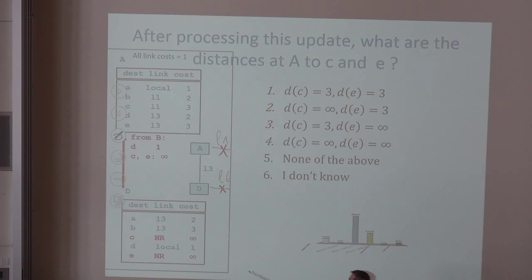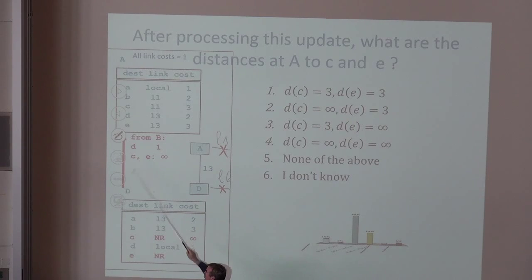Why is it? Well, when A receives this update for C and E, we apply Bellman-Ford. And Bellman-Ford says, well, we have to see whether the node that's sending the update is the next hop. So for C, the next hop was via L1. So D is not the next hop.